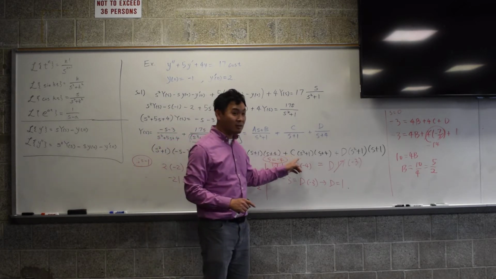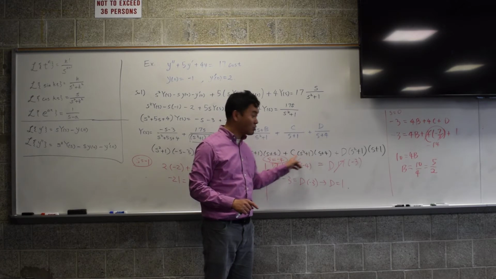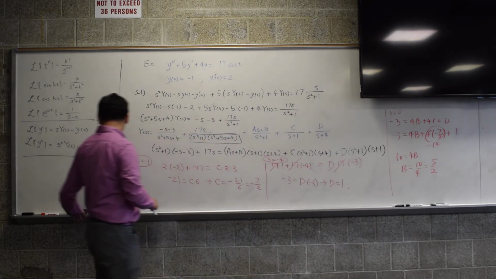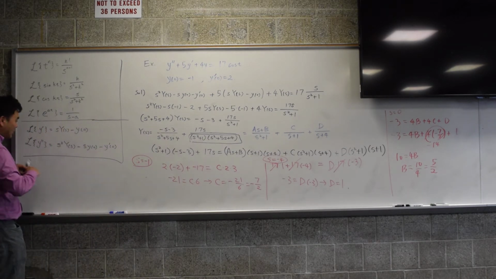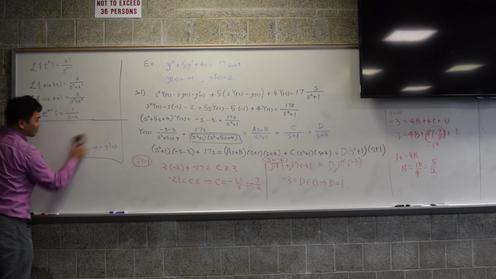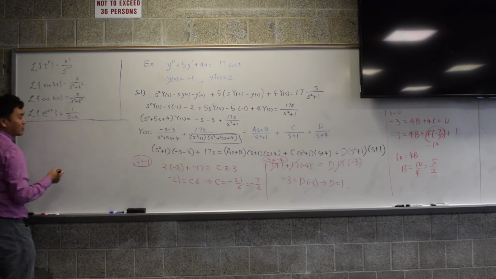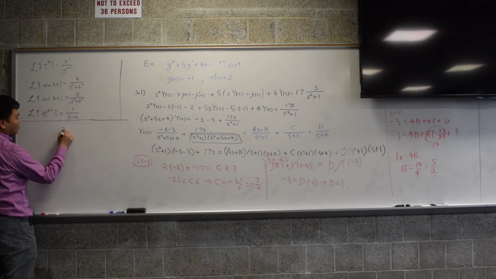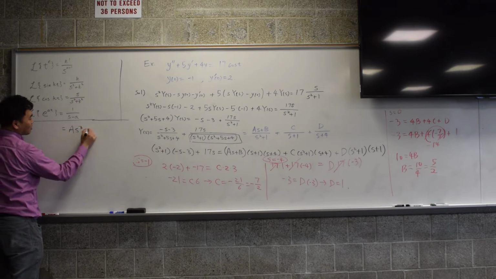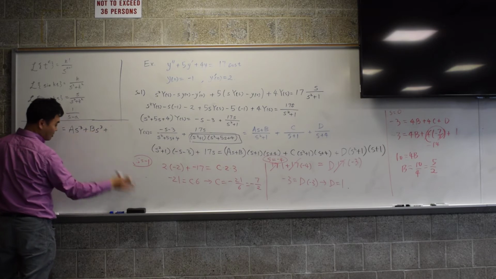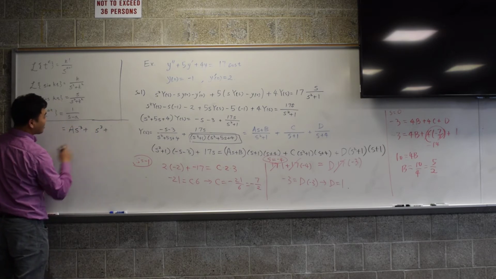How about this one? C s cubed. How about this one? D s cubed. So, despite the fact that we did not expand everything and did all the math, we can still figure out that on the right side, we're going to have a s cubed plus b s cubed plus c s cubed plus d s cubed.